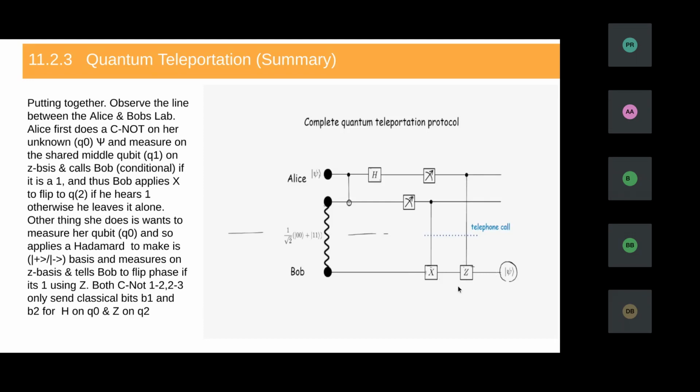So Bob can apply either X or Z depending on whether he gets a 0 or a 1 over the telephone call. So this is the same thing. The only thing here is the addition of Hadamard. Why did you do Hadamard is the question. The Hadamard is to make the plus-minus basis and measure on the Z basis, because psi when you started was a pure one, alpha ket 0 plus beta ket 1.